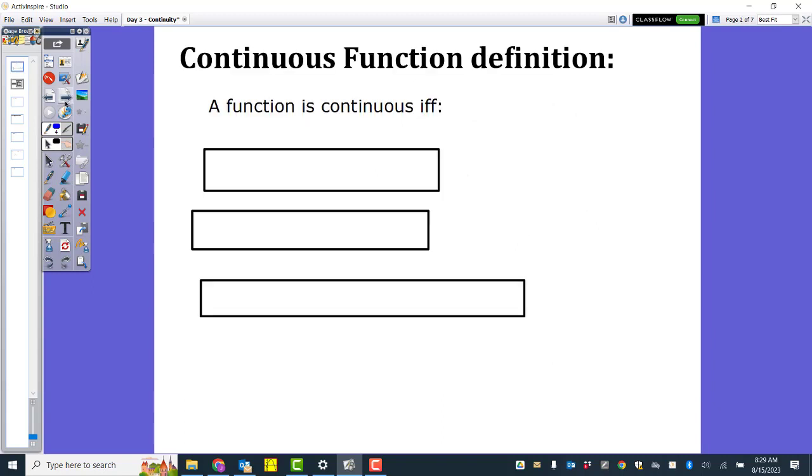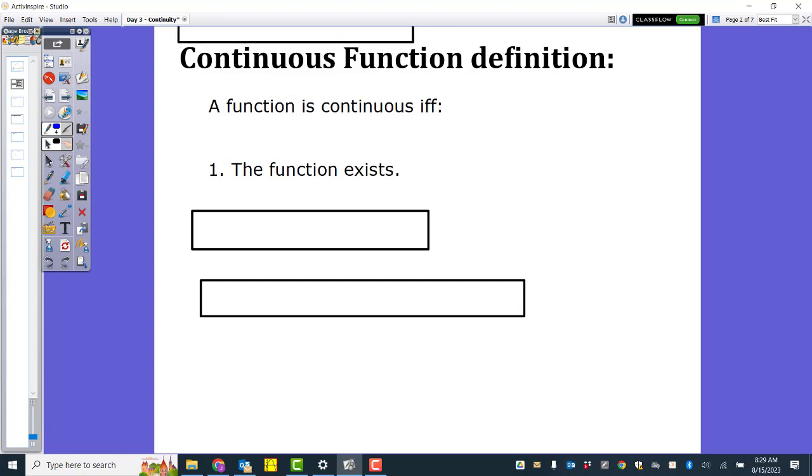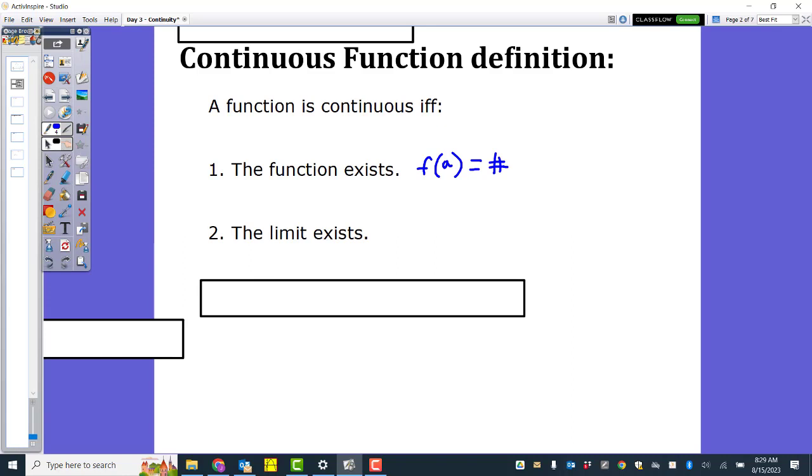Okay? So, a continuous function. A function is continuous if and only if. That's what this iff means. The first thing is the function exists. That means f of a is equal to some finite number. Second, the limit exists.